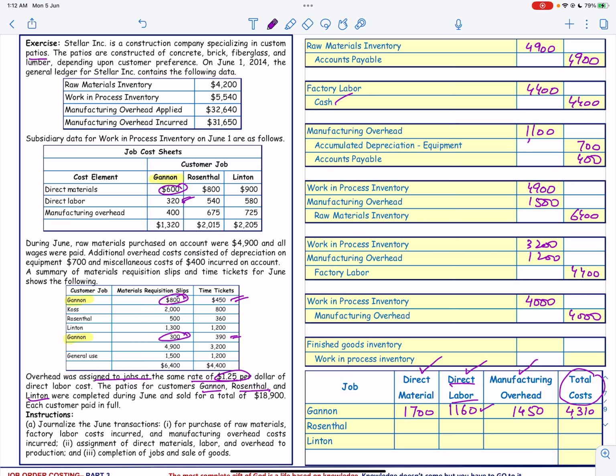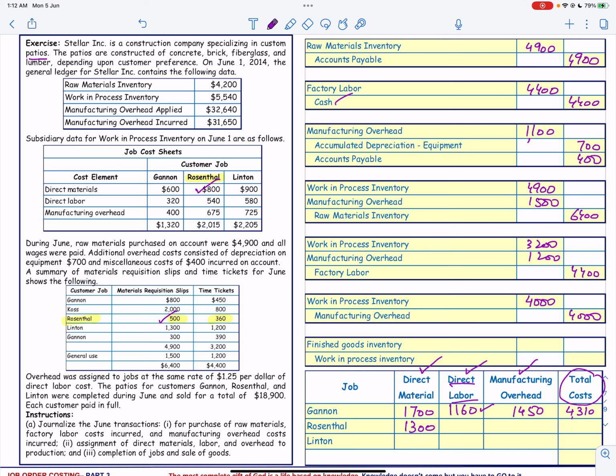Next, let us look at the second customer, Rosenthal, and we have the information for Rosenthal here as well. So we have the direct material of 800 plus 500, that makes 1,300.